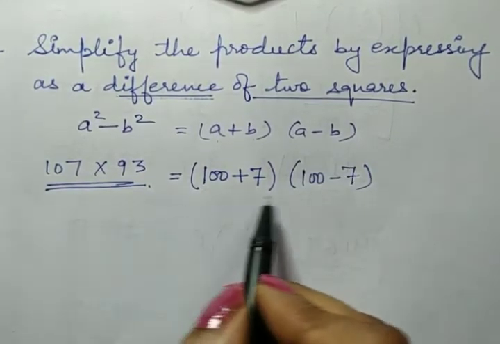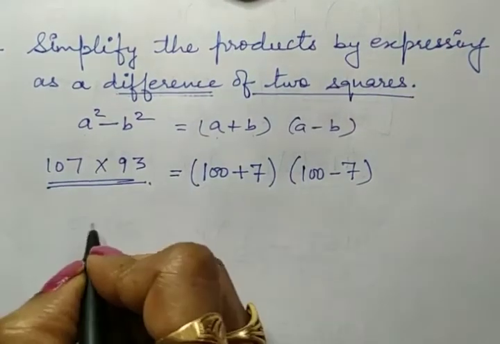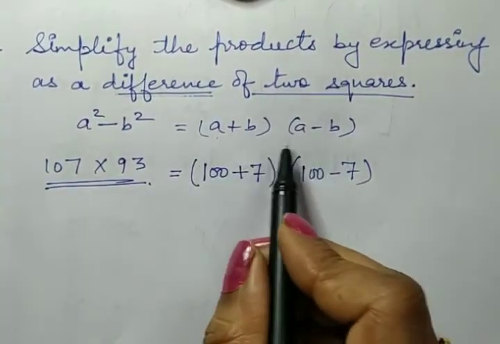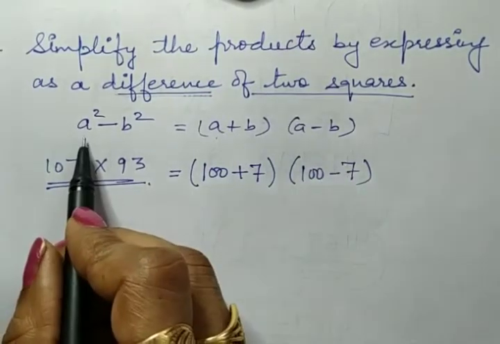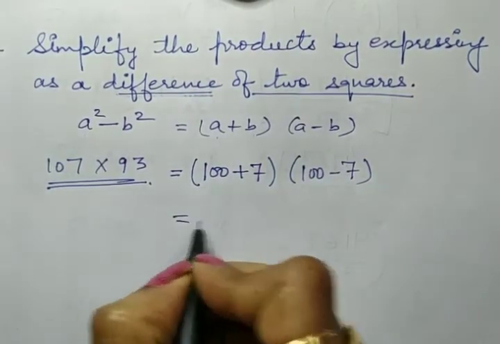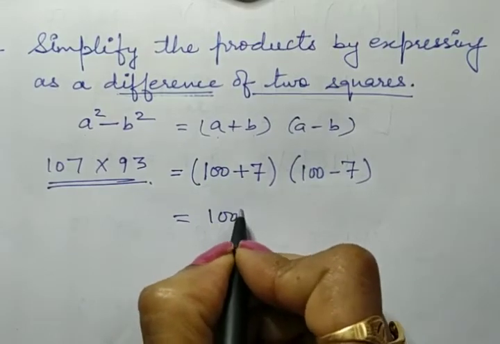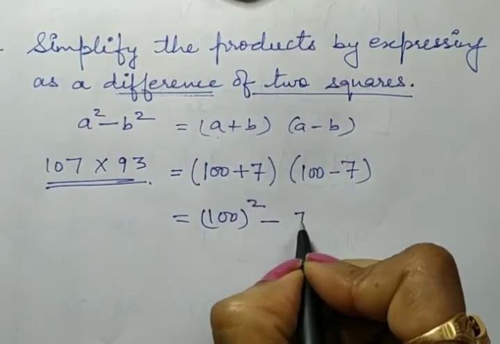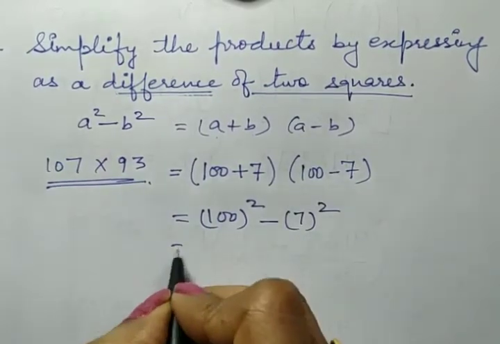Now we can find the answer very easily. Using identity 3, a plus b multiplied by a minus b is equal to a square minus b square, that is a square, that is square of 100, minus b square, that is square of 7.